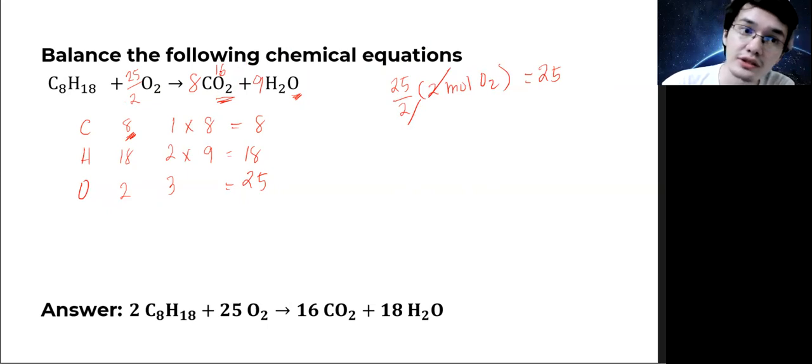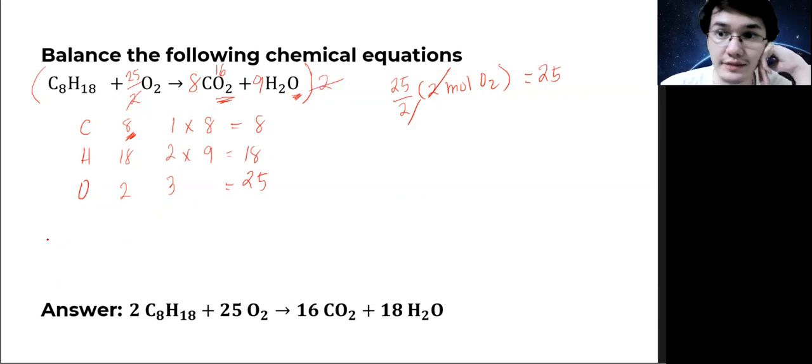So atong buhaton kay atong i-multiply ang moles sa mga substances nga naa sa chemical equation sa 2 para ma-cancel out ni siya. So 2, ma-cancel out.